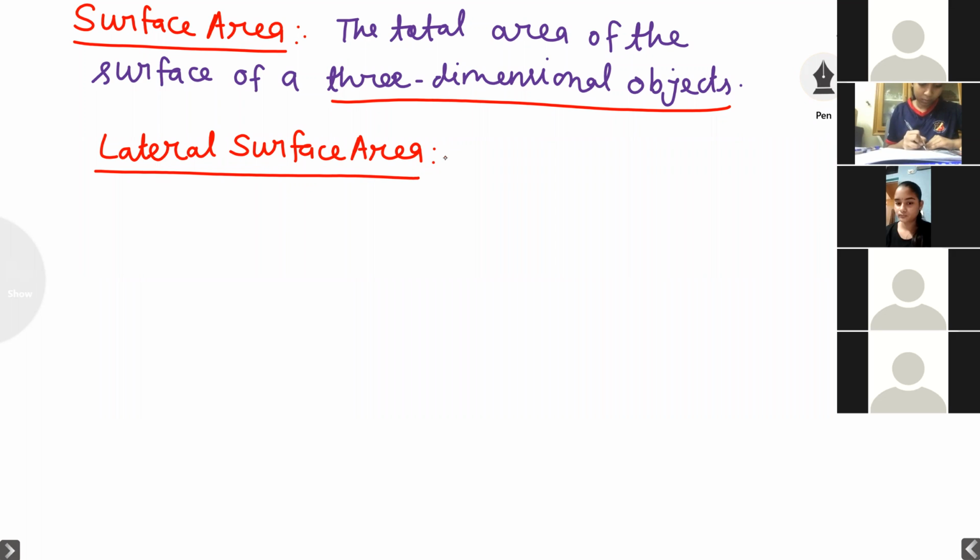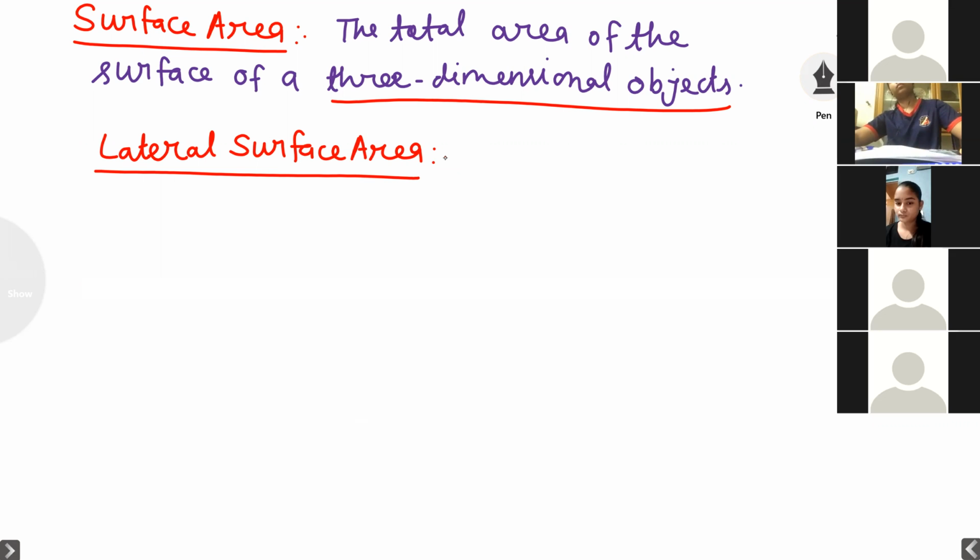Listen carefully, students. What is the meaning of lateral surface area? If I'm talking about lateral surface area, I don't want to include base and top. It is also called area of four walls. Suppose one cuboid is there: how many faces are there? Six faces are there in a cube or cuboid. If I don't take base and top, that is called lateral surface area.